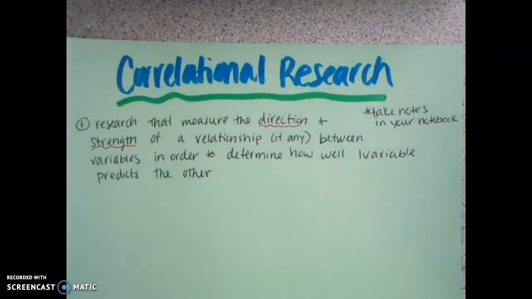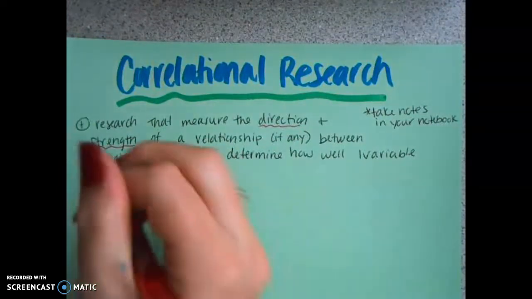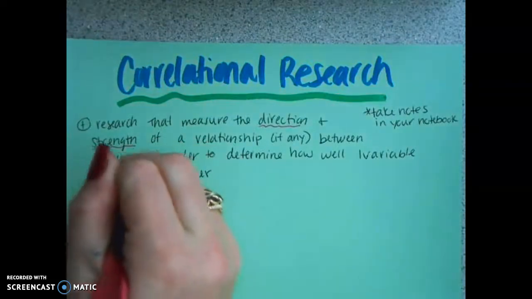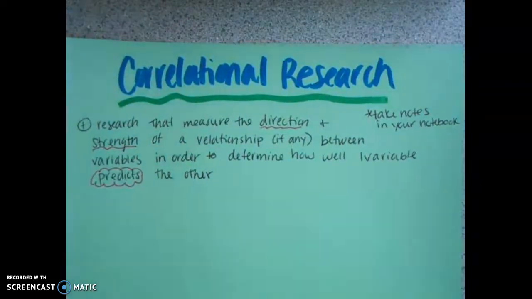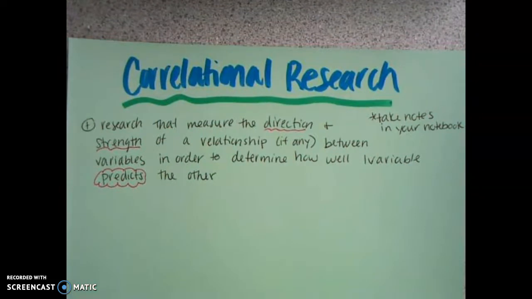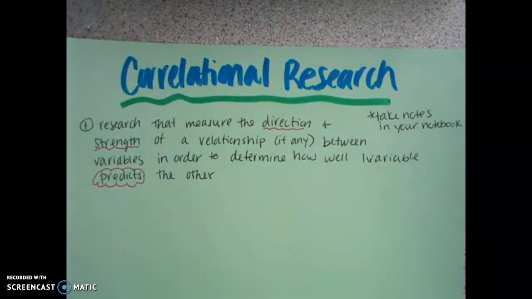Right? So we're looking at this idea of what is the relationship, if one exists, between two different variables. And if you know what the relationship is, then you could predict one variable from a known variable, right? So that's kind of what we're talking about here.